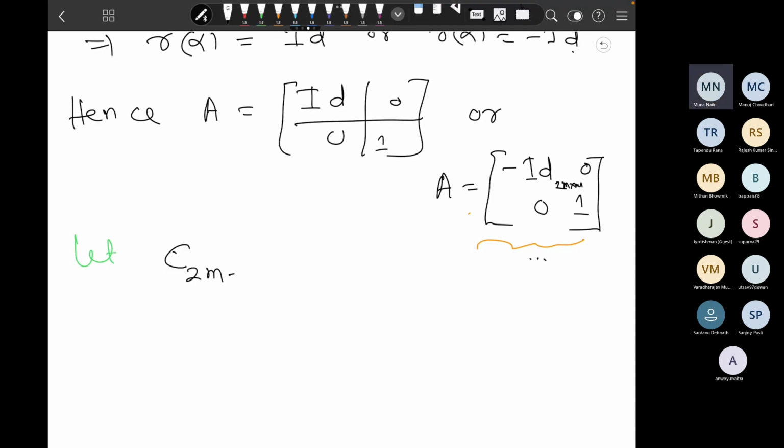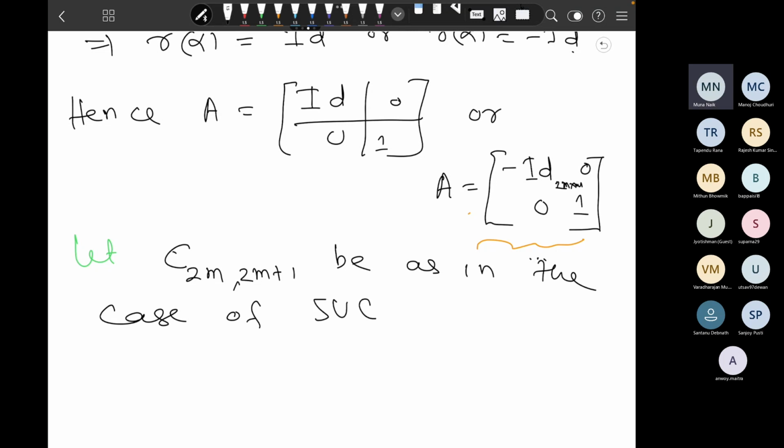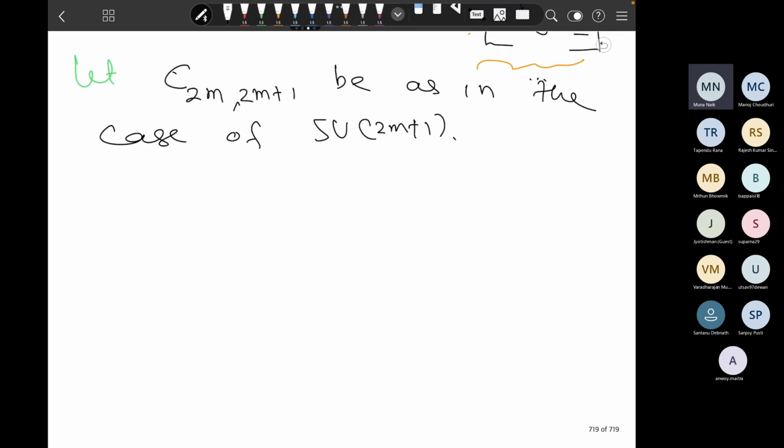So let C 2m, 2m plus 1 be as in the case of SU 2m plus 1. So what is this C2m, 2m plus 1? If you remember, this is the matrix.